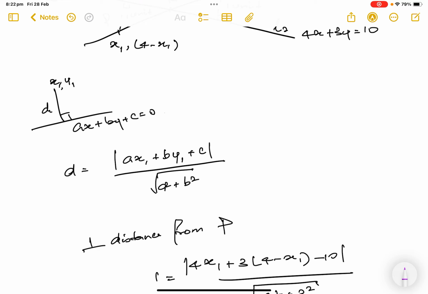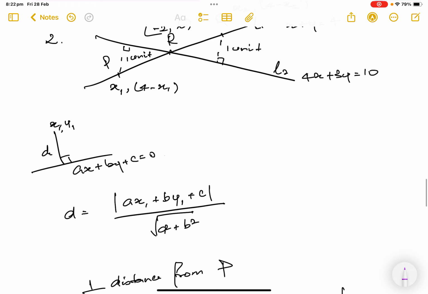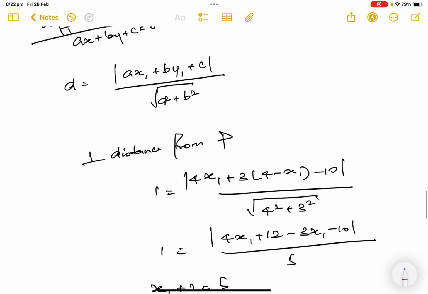The modulus is there because distance is always positive. I'm going to use that. The perpendicular distance from P is given as 1 unit.